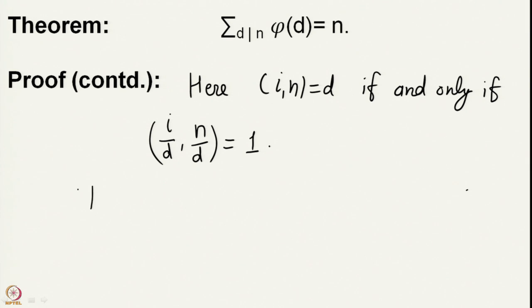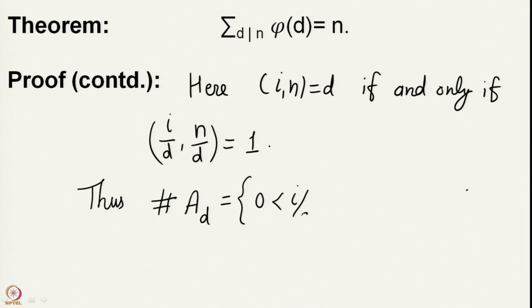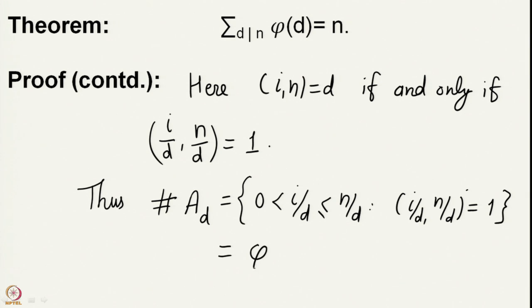So, thus the cardinality of A_d is also equal to the cardinality of these elements with the property that these two numbers are co-prime, but this is precisely phi of n by d. So, each A_d has cardinality Euler phi function of the corresponding divisor of n.